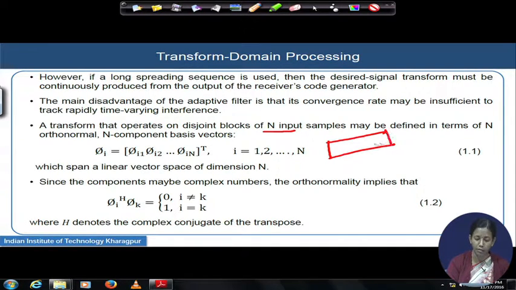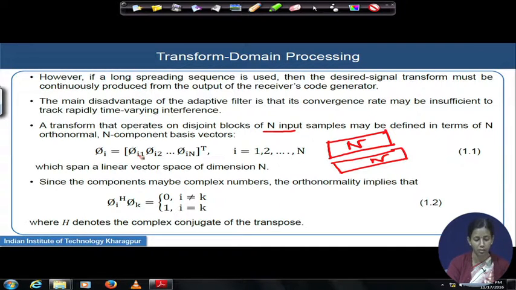I told you that the chips are coming in at the input of the processor in blocks of capital N chips, and we consider that there are disjoint blocks of capital N chips, and the transform is defined by capital N orthonormal basis vectors.